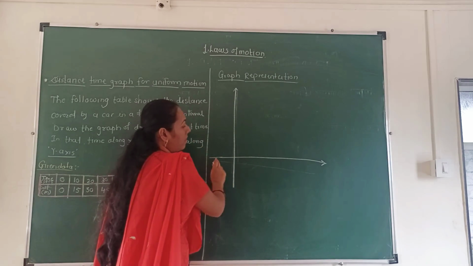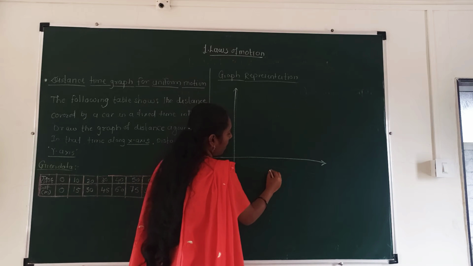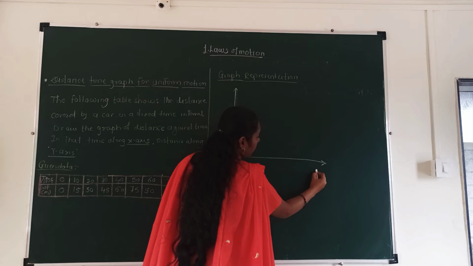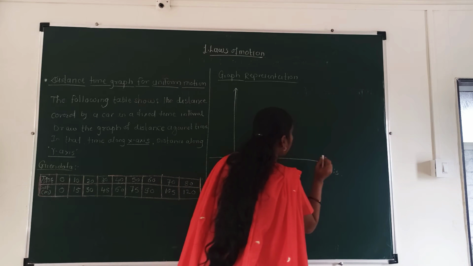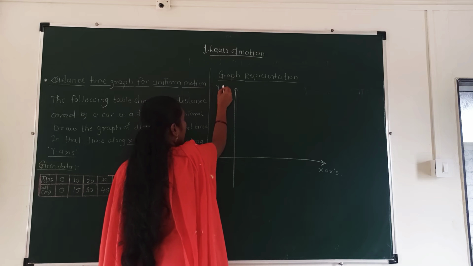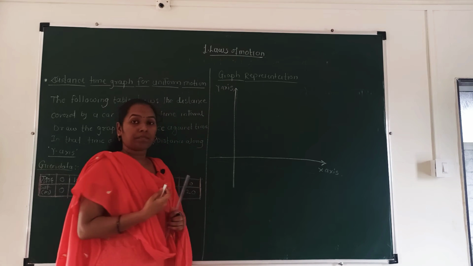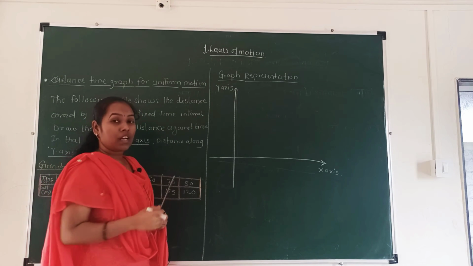See, this is a horizontal line. On this axis, we can write x-axis here, and here y-axis. Clear? This is your graph. Consider this is your graph.